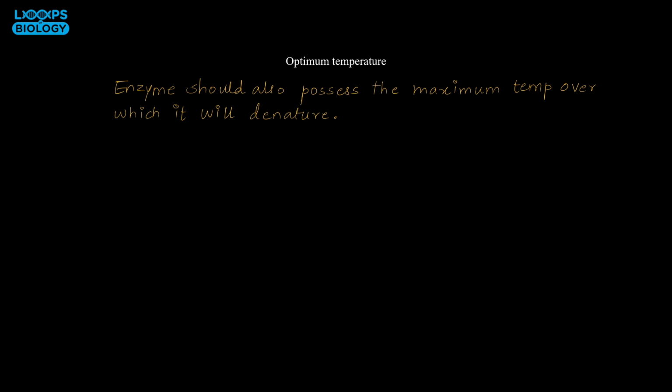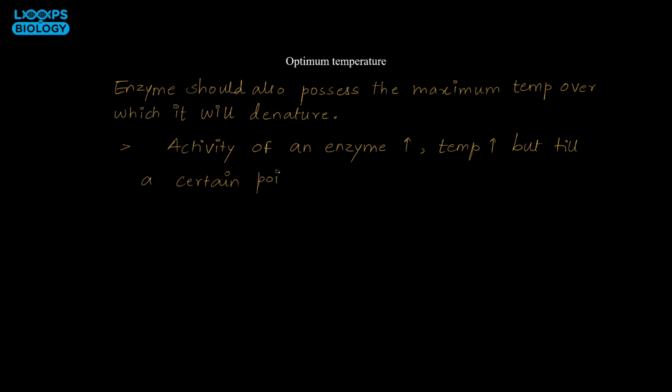So whenever I am considering enzyme, right? As the temperature is increased, the activity of an enzyme will also increase. The activity of an enzyme increases when the temperature is increased, but till a certain point.